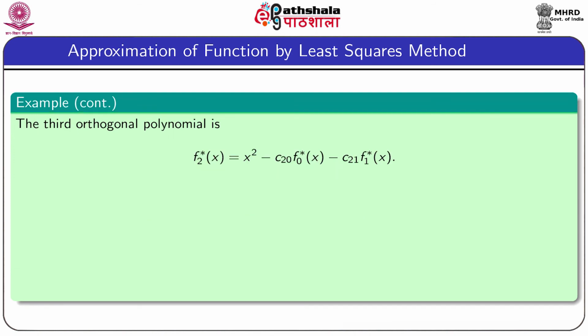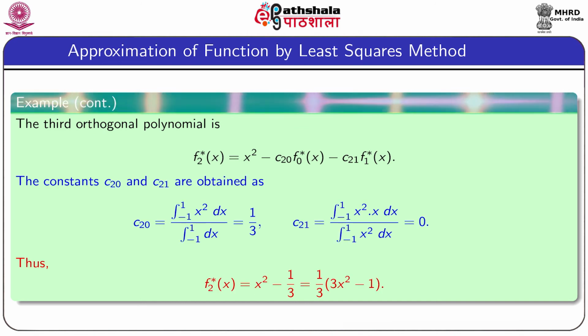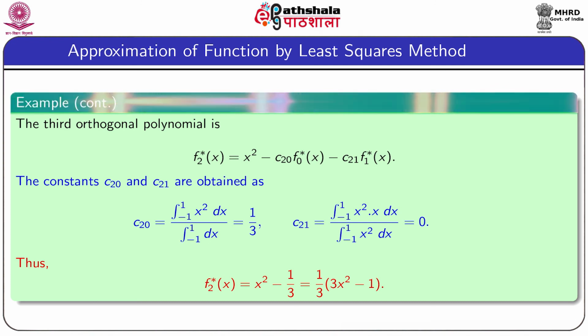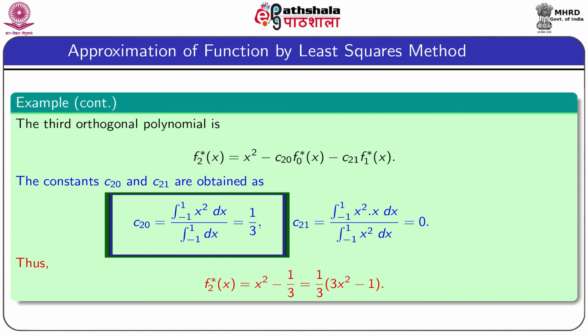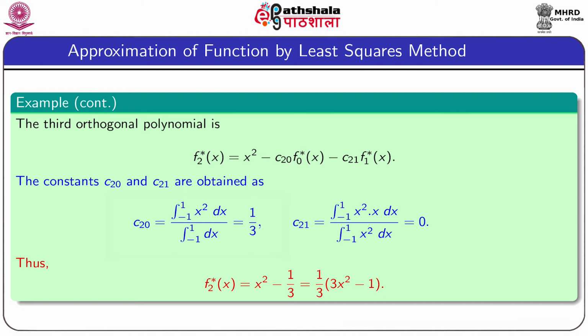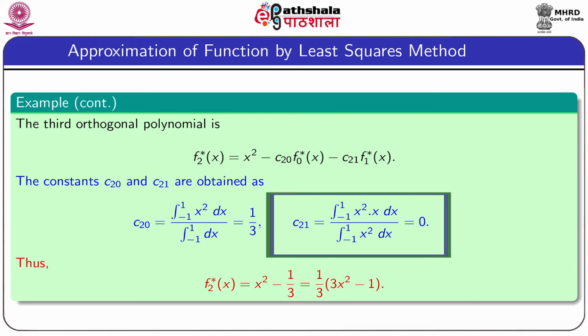Now the third orthogonal polynomial f2 star x equal to x square minus c20 f0 star x minus c21 f1 star x, where the constants c20 and c21 are determined as c20 equal to integration minus 1 to 1 x square dx whole divided by integration minus 1 to 1 dx, and after simplification it becomes 1 by 3, and c21 equal to integration minus 1 to 1 x square into x dx whole divided by integration minus 1 to 1 x square dx.